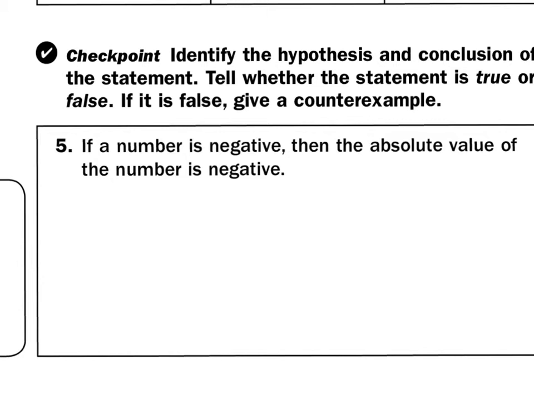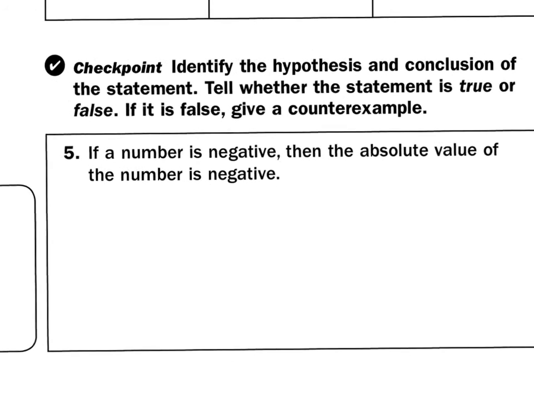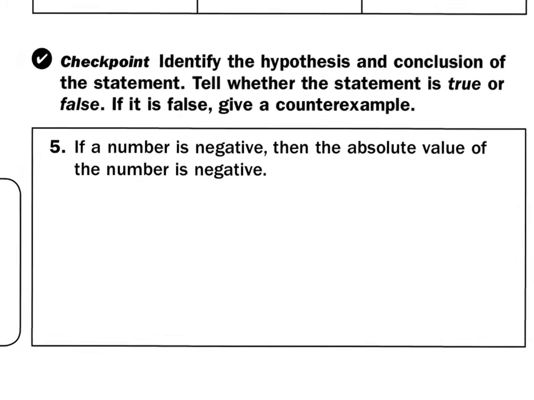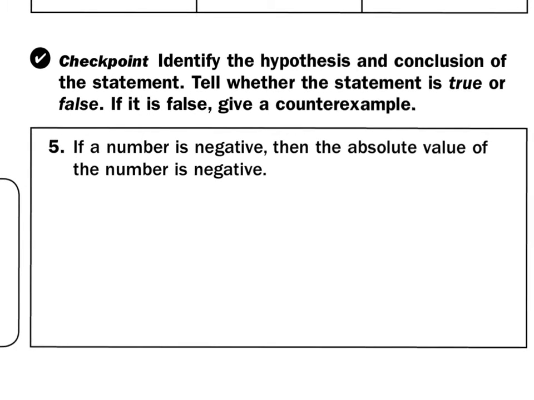And one more checkpoint for this section, and that is identifying the hypothesis and conclusion of the statement, telling whether it's true or false, and if it is false, giving a counterexample. So let's start with the hypothesis. If a number is negative, so we look for the if to find our hypothesis: a number is negative.